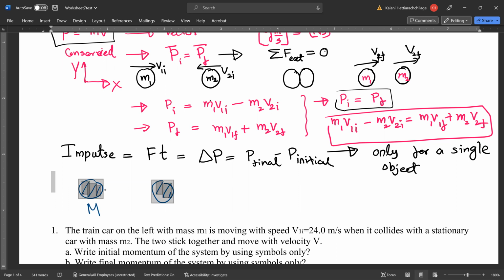If this one is mass lowercase m and this one is uppercase M, the center of mass of this system is changing. If my uppercase M is greater, then the center of mass will be closer to that. If my lowercase m is greater, then the center of mass is going to be closer to the lowercase m. Depending on which side is heavier, your center of mass moves accordingly, right?